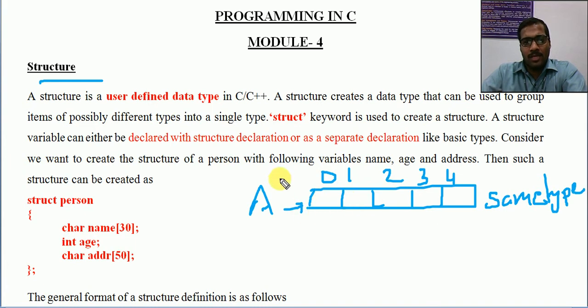So if you are declaring an array A, all these locations will have the same type of value. If A is declared as integer, only integer. If A is declared as character, only characters. If A is declared as float, only float values. So we are dealing with a number of values of the same type.